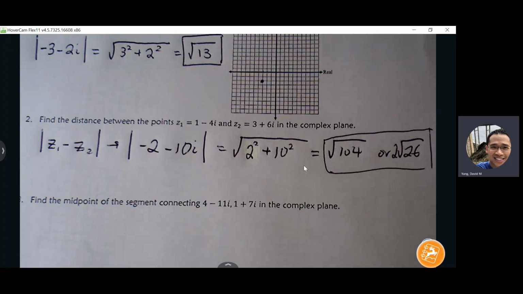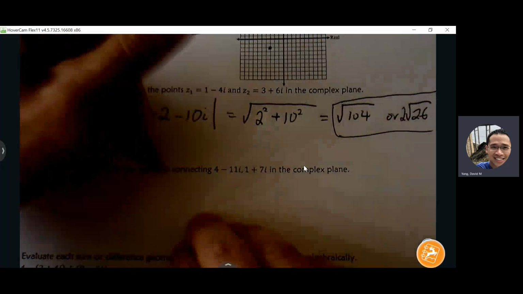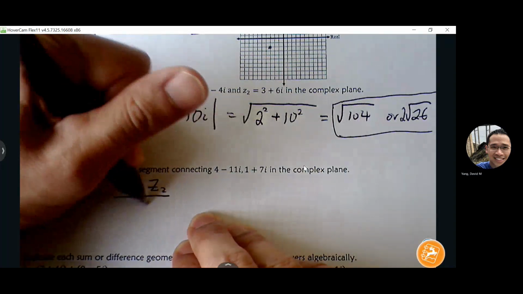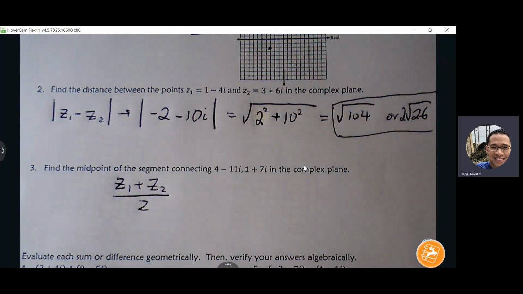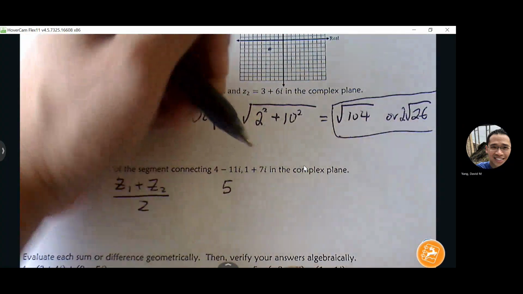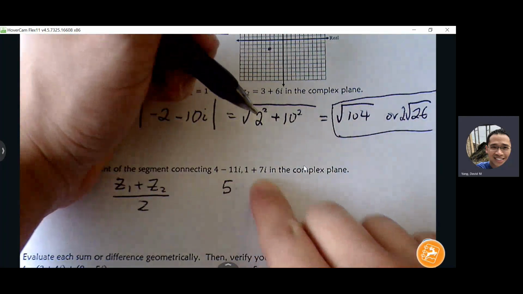Okay, number 3, find the midpoint of the segment connecting the two complex numbers. So here's the formula. z1 plus z2 divided by 2. So we're just combining like terms and dividing each by 2. So 4 plus 1. -11 plus 7.